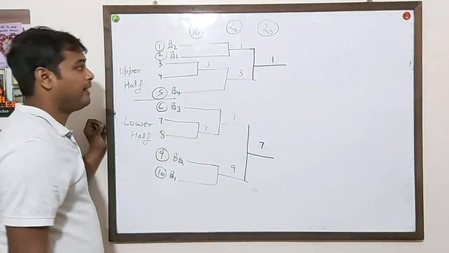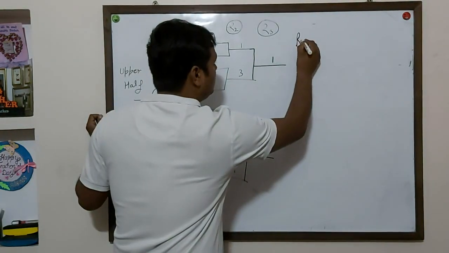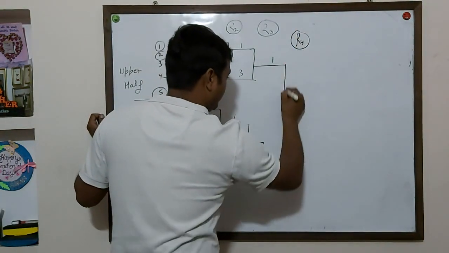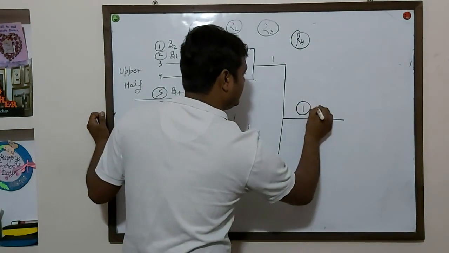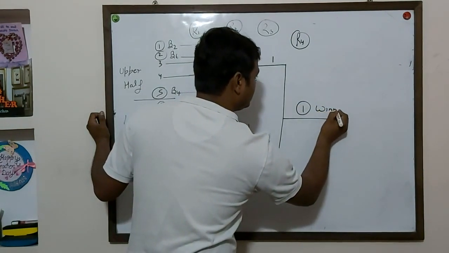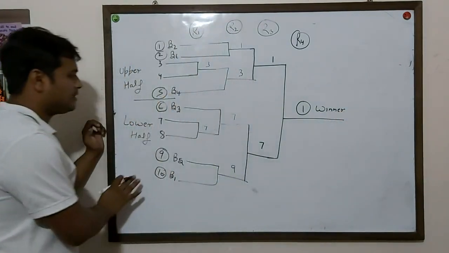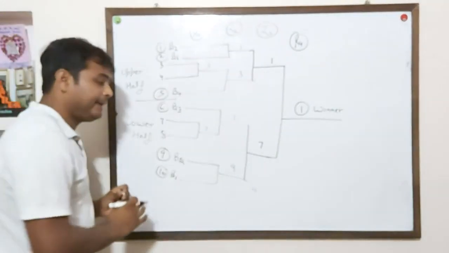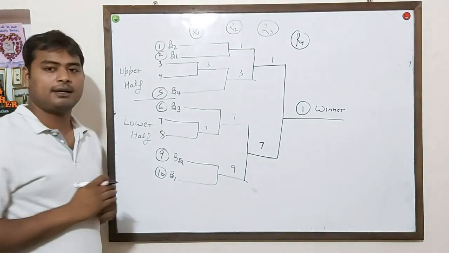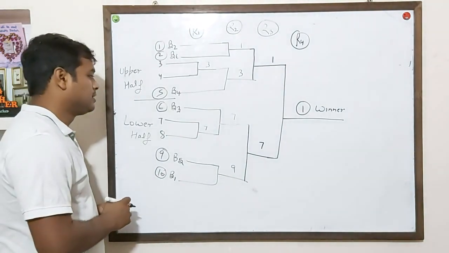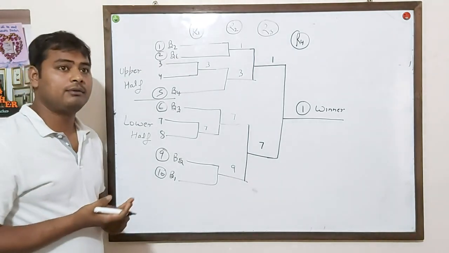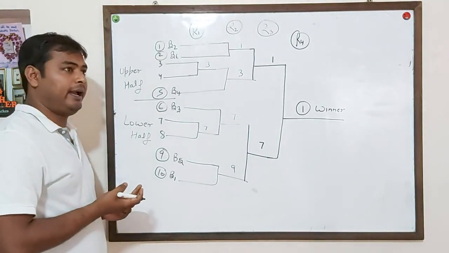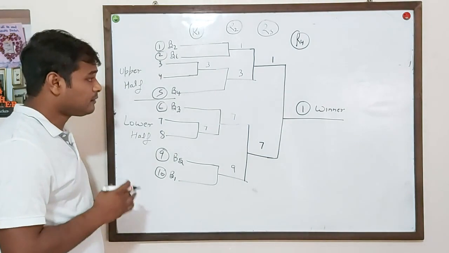Now we will conduct the final round, round 4, 1 versus 7, and here suppose 1 won the match, then 1 is our winner. So this is the picture of 10 teams where 10 is not a power of 2. Same way we will draw the picture of 12, 14 and so on.